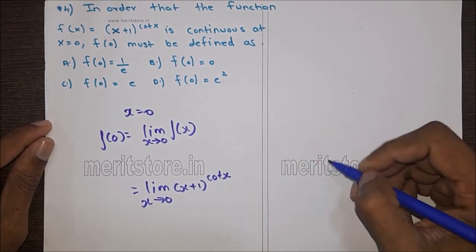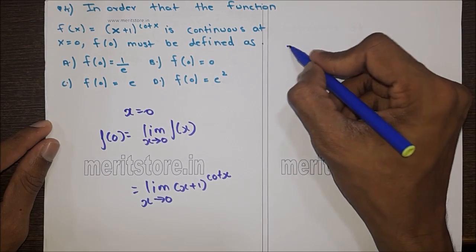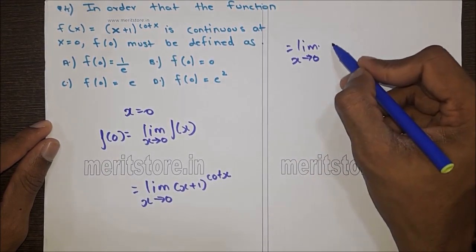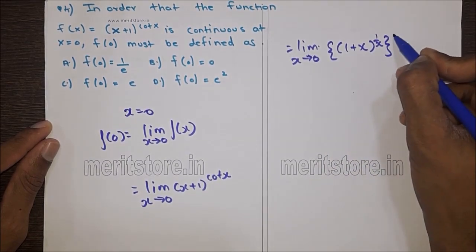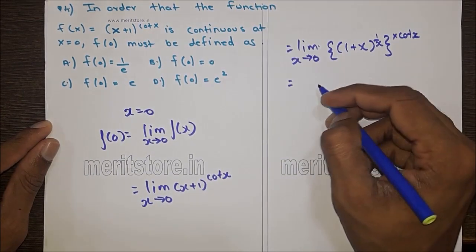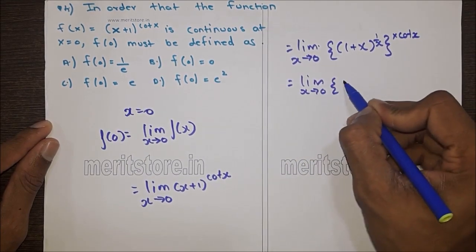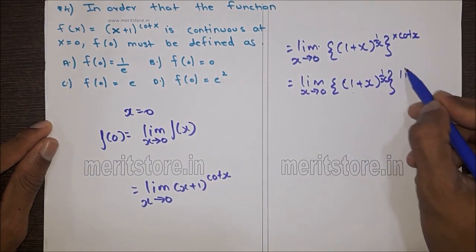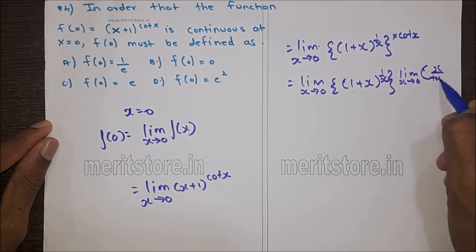We multiply and divide by 1 by x in the indices, we get limit x approaches to 0 of 1 plus x raised to 1 by x times x cot x. Therefore, we can write cot x as 1 by tan x, limit x approaches to 0 of 1 plus x raised to 1 by x, limit x approaches to 0 of x by tan x.